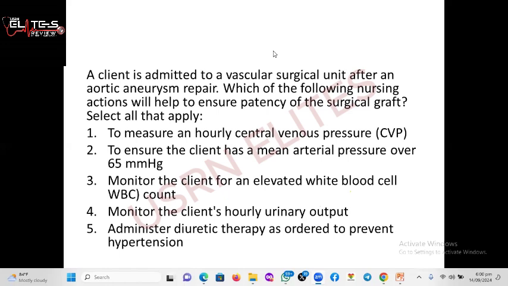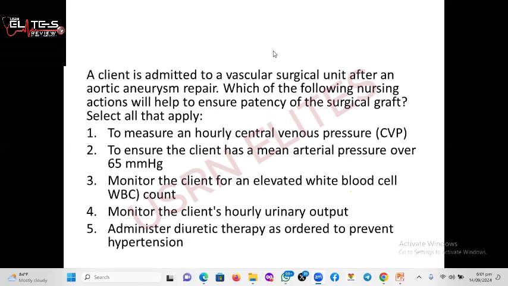Yes, please, I'll go for 1 4 5 because it says helping to ensure patency of the surgical graft. I'll first choose 5, monitoring diuretic therapy as ordered to prevent hypertension. You are protecting the graft, so you have to control hypertension, otherwise the graft will leak.